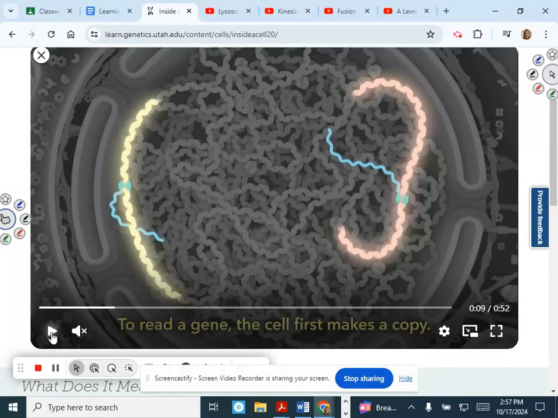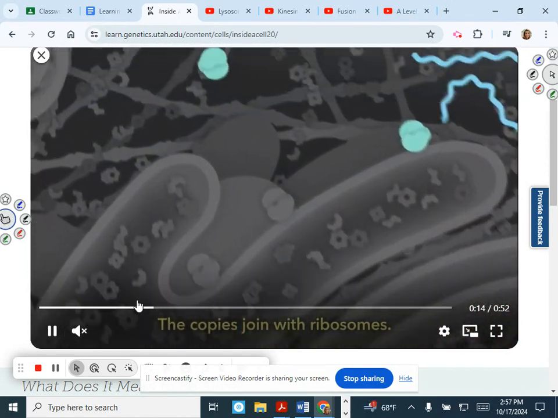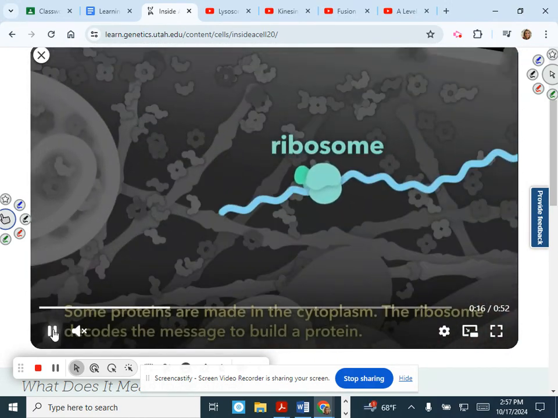So that's what you see here, these are copies of a gene, and they just left the nucleus, and they are now in the cytoplasm where there is a little tiny organelle called the ribosome. And the ribosome is clamped down on it, and you can see something starting to be made here, and that's going to be the protein.